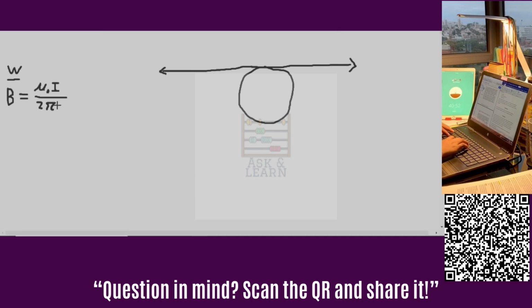And r is the distance from the wire. In this case, we are told that at the center of this loop, we have no magnetic field. The magnetic field here is 0. So now, how would we get that?